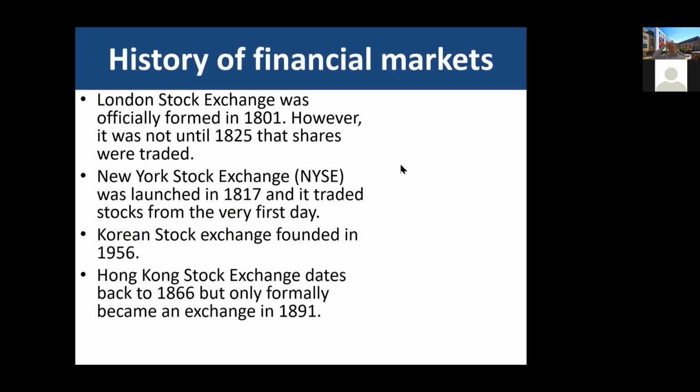Hong Kong dates back to 1866, but only formally became an exchange in 1891. And then another example would be the Shanghai Stock Exchange, which opened up in 1990. So these are just examples of your modern day stock exchanges and when they were set up.